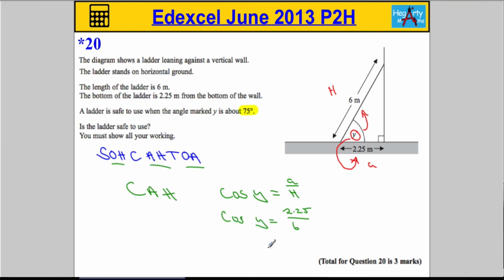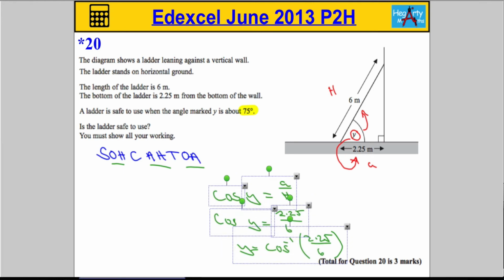And then we want to work out what Y is, so we need to take what's called the inverse cosine. So cos with the little negative 1 above it of 2.25 over 6.